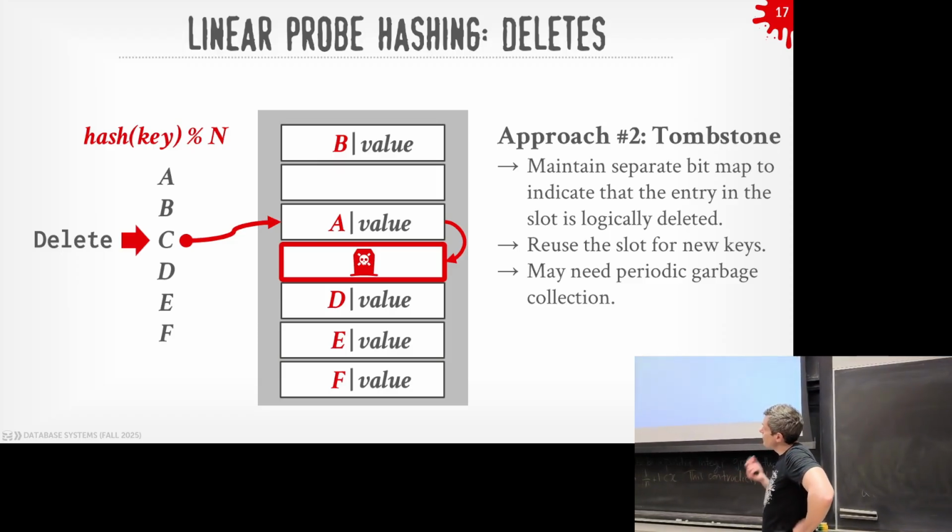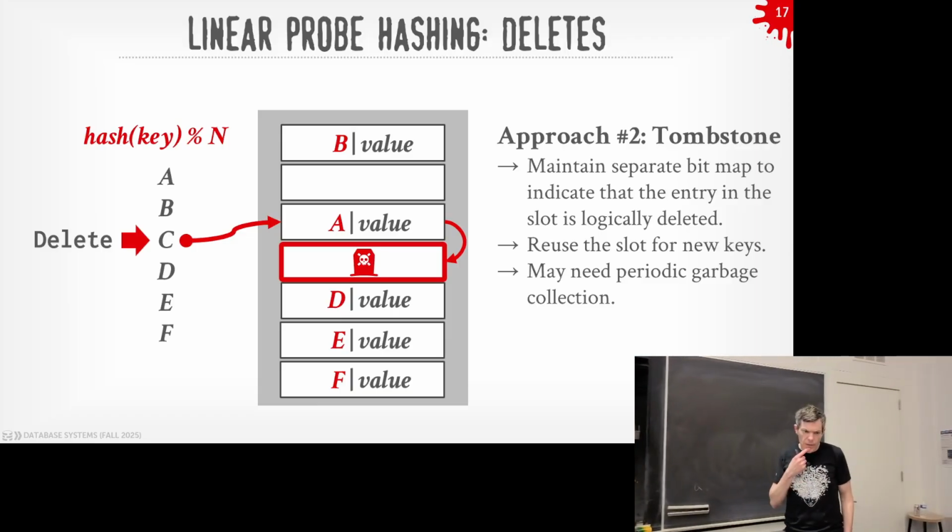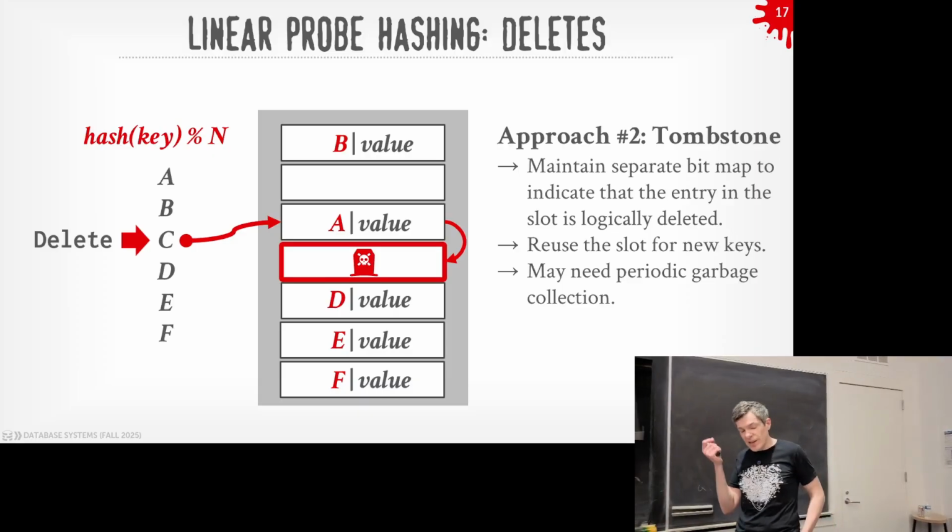For updates, you scan for the key they're looking for. If it doesn't exist, you don't update it. If you do see it, then you could just overwrite it, and you wouldn't need to move where D is. We're not really worried about updates here. It's inserts, deletes, and selects, or gets.